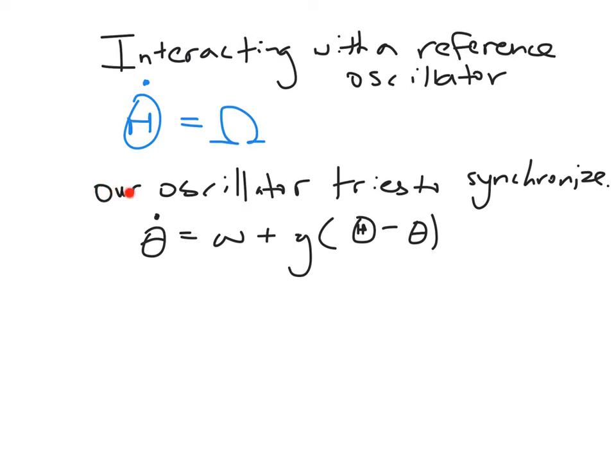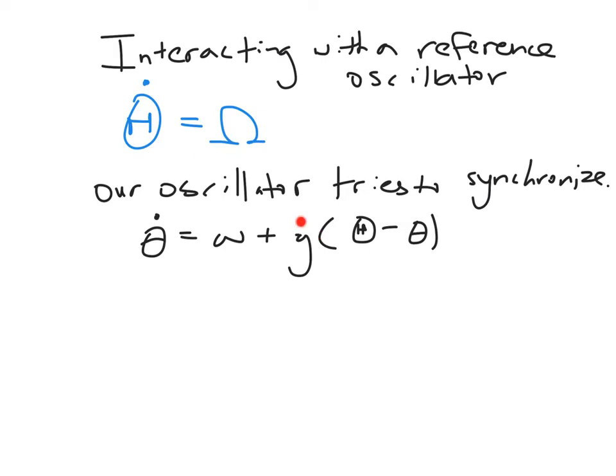Let's say the model that we're oscillating, our oscillator, is trying to synchronize with this reference. So we're going to model our oscillator, which has phase angle theta, as having some intrinsic frequency, omega, that it would be going around at in the absence of the presence of this other oscillator.